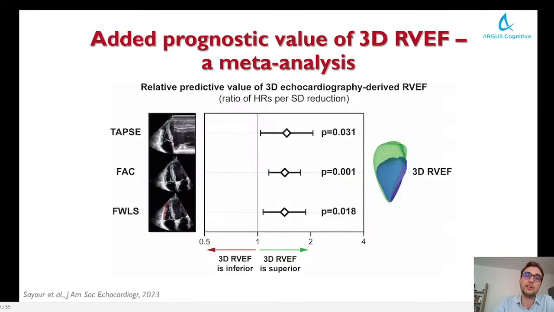The impairment of right ventricular ejection fraction carried a significantly higher risk of mortality in another study, independent of left ventricular ejection fraction. In a recent meta-analysis of ours, we showed that compared to the more conventional measures of right ventricular function and even right ventricular free wall strain, three-dimensional ejection fraction had a superior ability to predict outcome in adult populations.